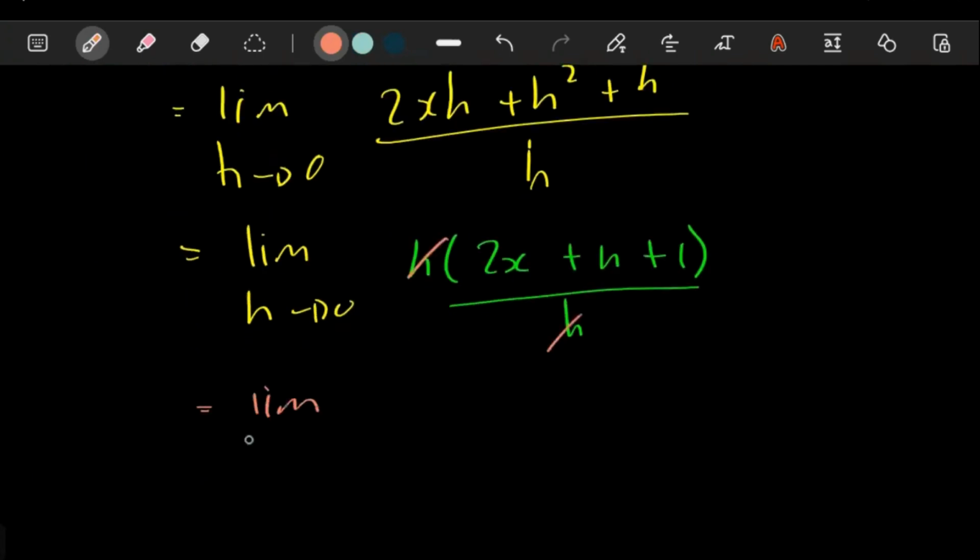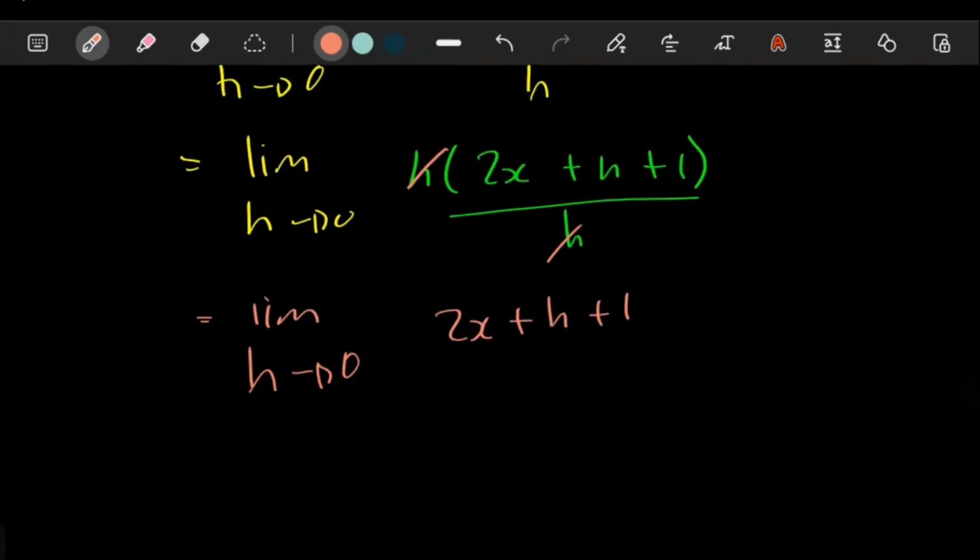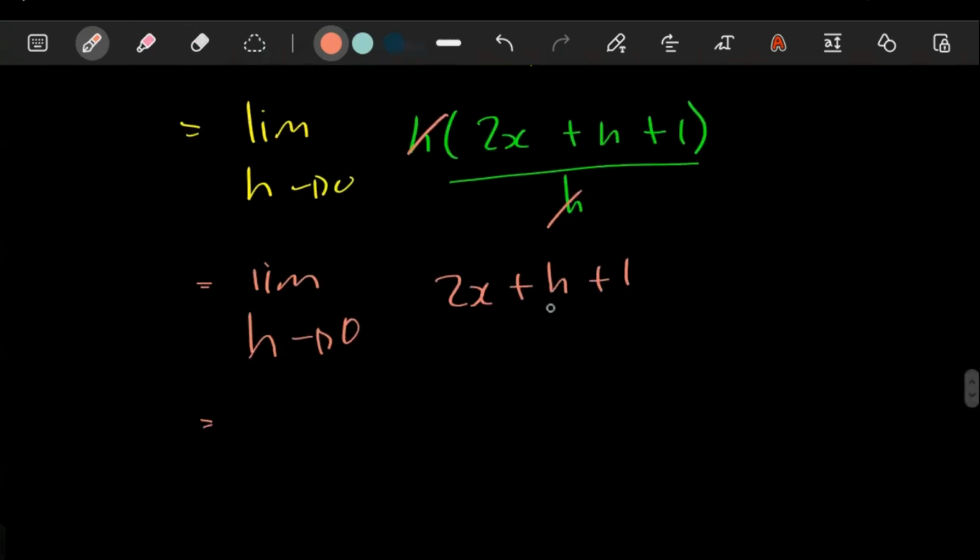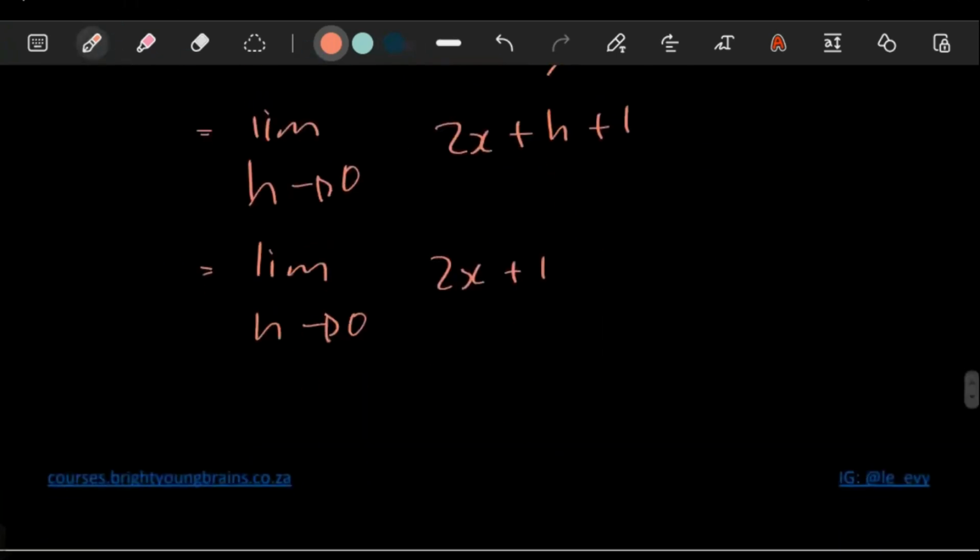You have limit h goes to 0 of 2x plus h plus 1. Now you put a 0 where h is, and you're going to have 2x plus 1. When the h has been put in there, this is your final answer. You don't have to put the limit and all that.